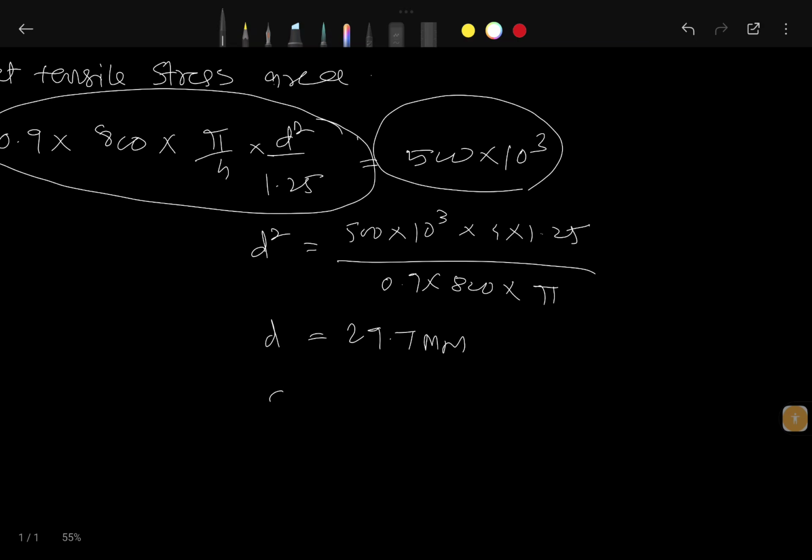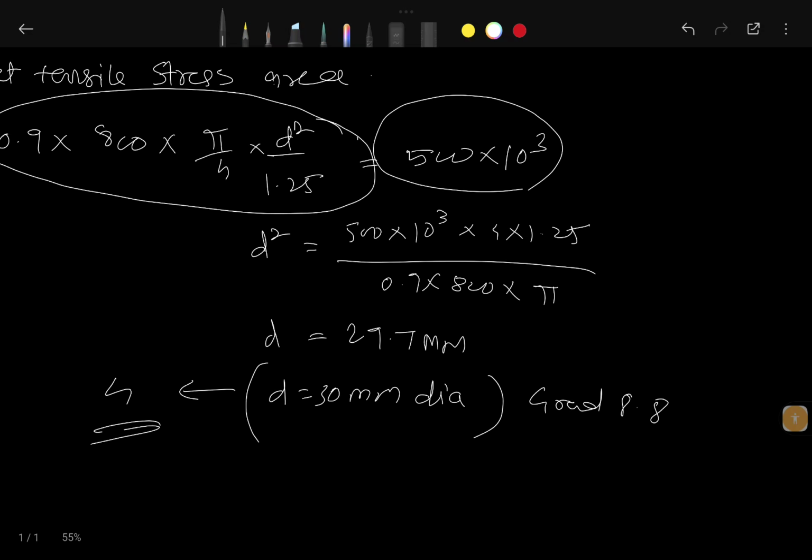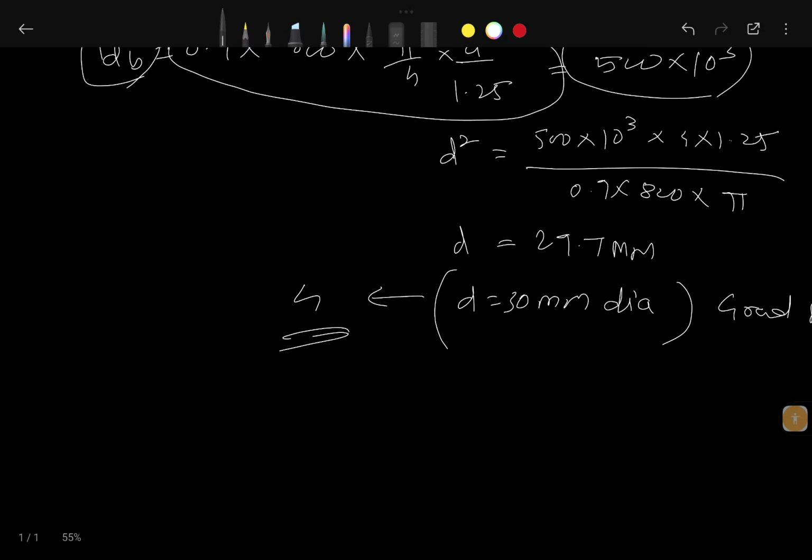So we consider d is equal to 30 mm diameter for grade 8.8 and the number of bolts is 4. So from this equation we get the diameter and number of bolts for the anchor for our base plate.